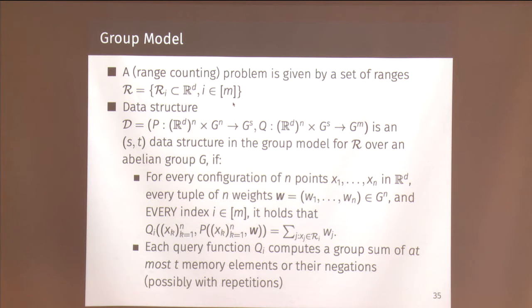Okay, so it's also important what kind of ranges we have. Ideally, we would like to prove it for natural range counting problems, like rectangles in 2 dimensions, in 3 dimensions, and so on. We don't know how to do this, but in general, our ranges won't be too scary.